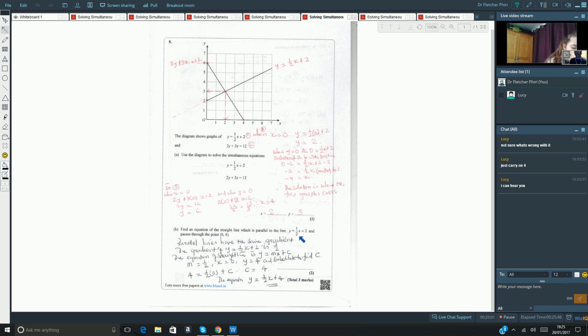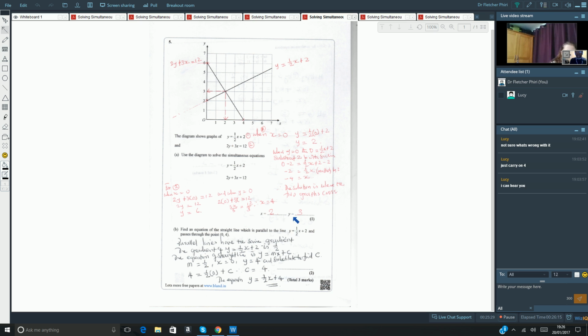So once you find the gradient of one line, the gradient of the other parallel line is going to be the same. If you look at the equation of the line you're being given, y is equal to half x plus 2, the gradient of this line is half, which means the parallel line to this equation is going to have the same gradient, half.